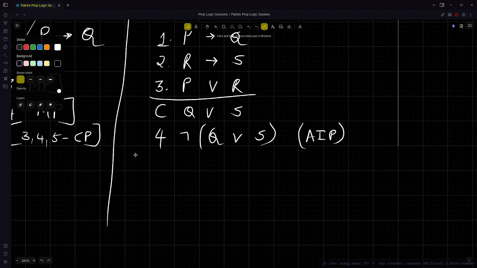Okay, where do we go from here? So now we're trying to get from this to the first premise. No, we're going to try to get a contradiction. Okay. All right.